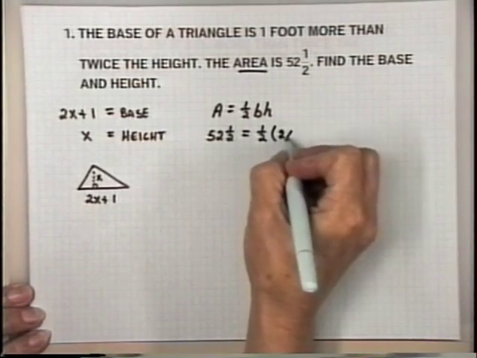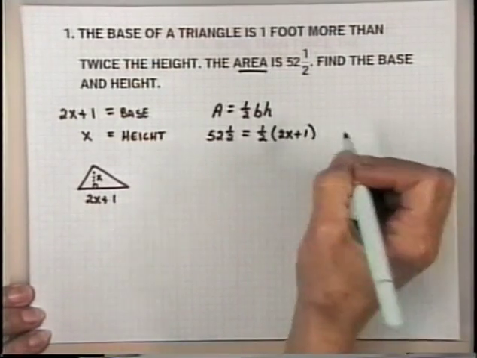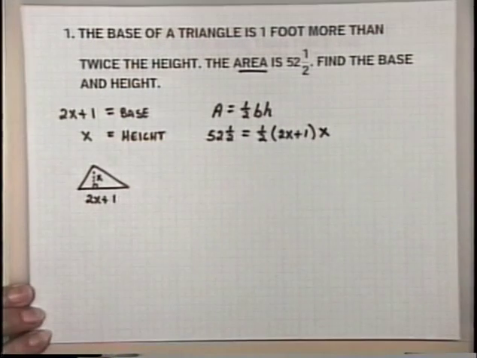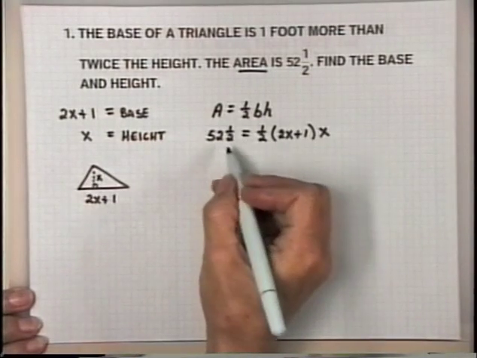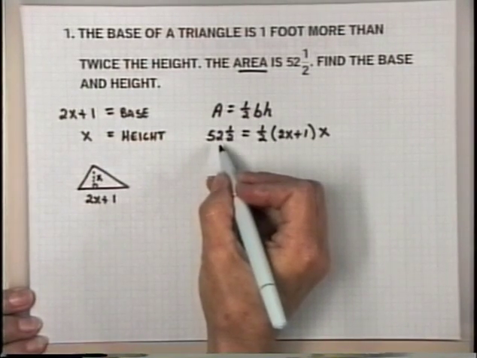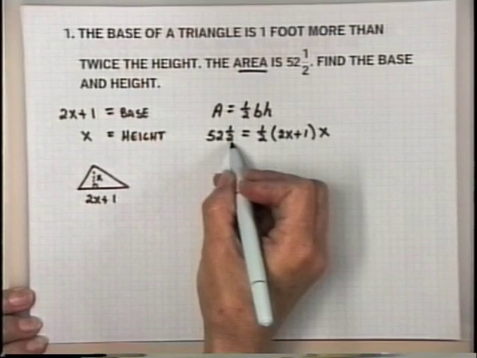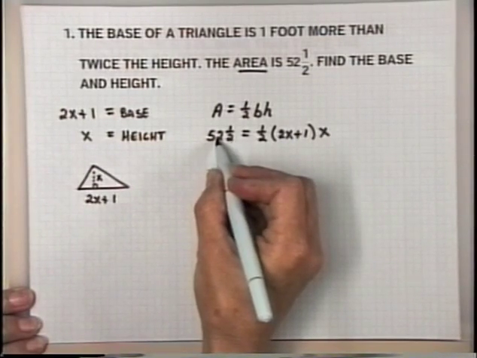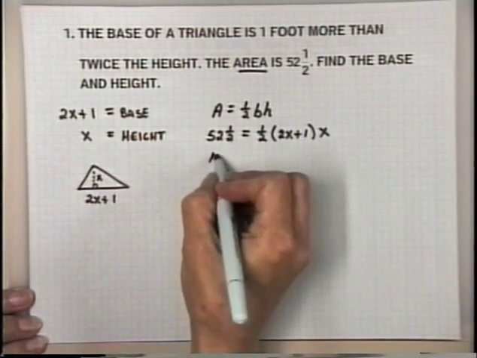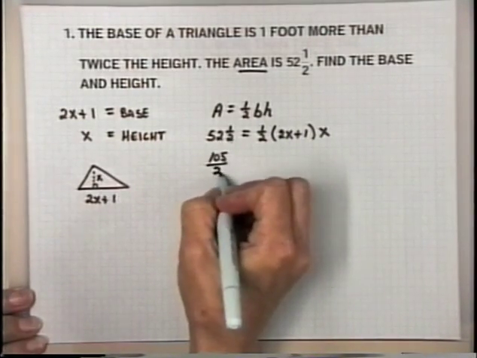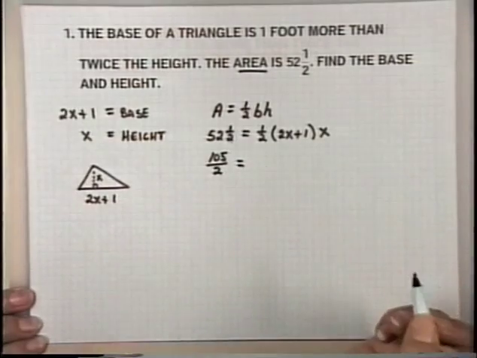Our base is 2x plus 1 times height x. In solving this equation that we've written, we need to rewrite this mixed number as an improper fraction. Multiplying our denominator 2 times 52, we get 104, plus 1, we have 105 over 2 is equal.